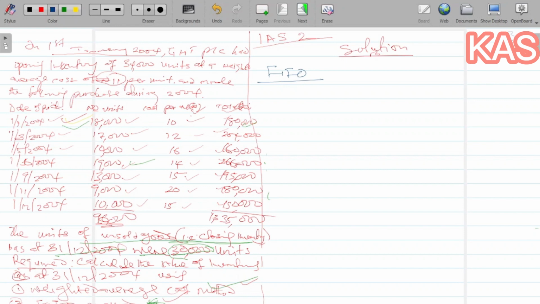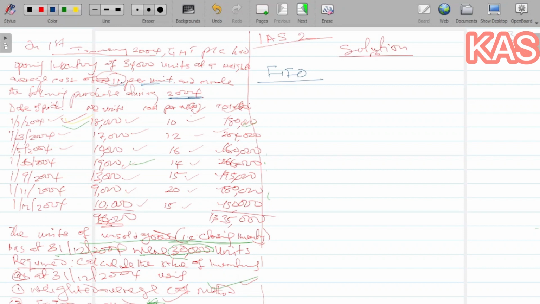So when you look at the question, let's go through it again. On 1st January 2014, GHT PLC had opening inventories of 34,000 units at a weighted average cost of 11 naira per unit, and the following purchases during 2004.